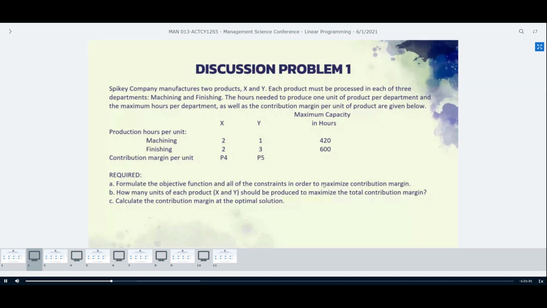So yun ang talagang objective natin, to maximize contribution margin. Kasi remember, objective functions can be what? Maximize revenue, maximize profit, or minimize cost. Siyempre, it goes without saying that when we talk about contribution margin, it's actually to maximize it.